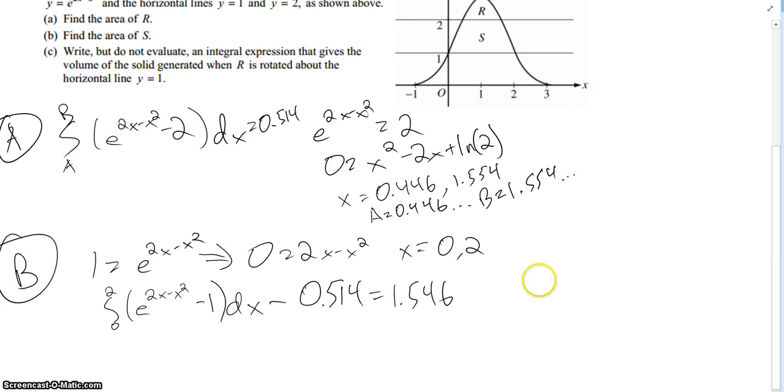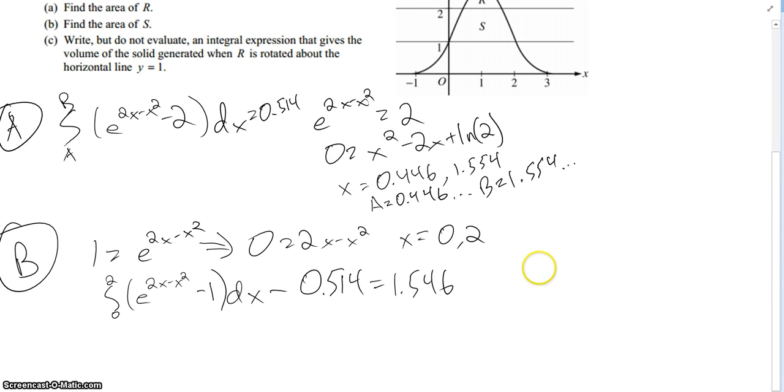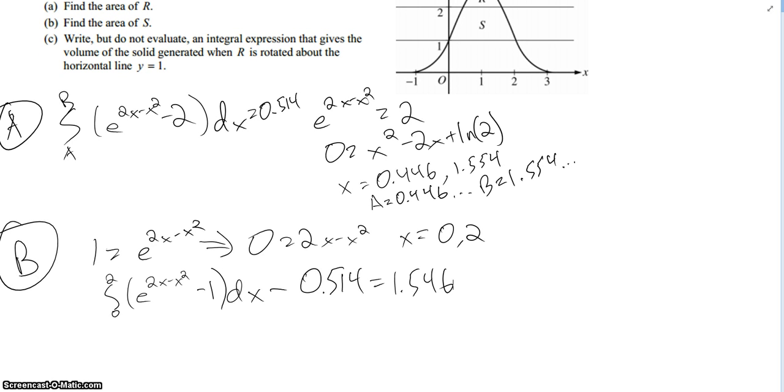And then part C: write but do not evaluate an integral expression that gives the volume of the solid generated when R is rotated around the horizontal line y equals 1. Alright, so we're looking for volume. I have to think about this for a second.